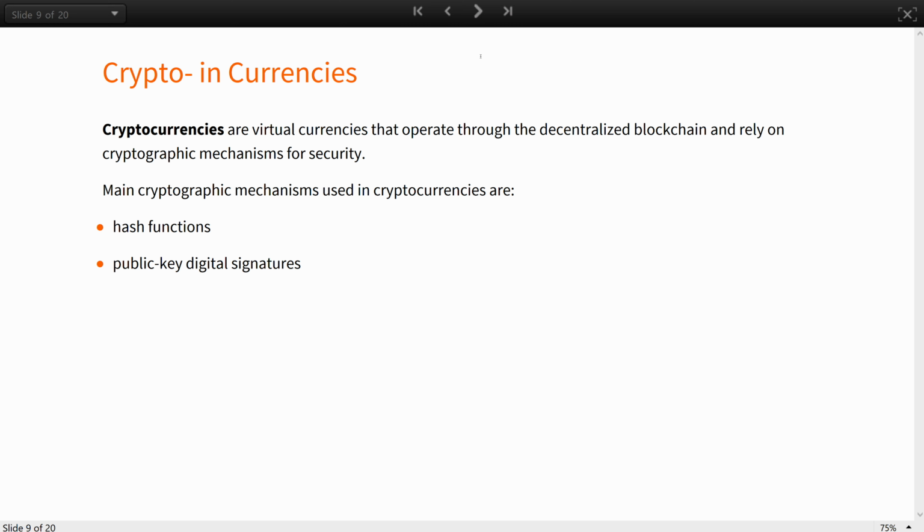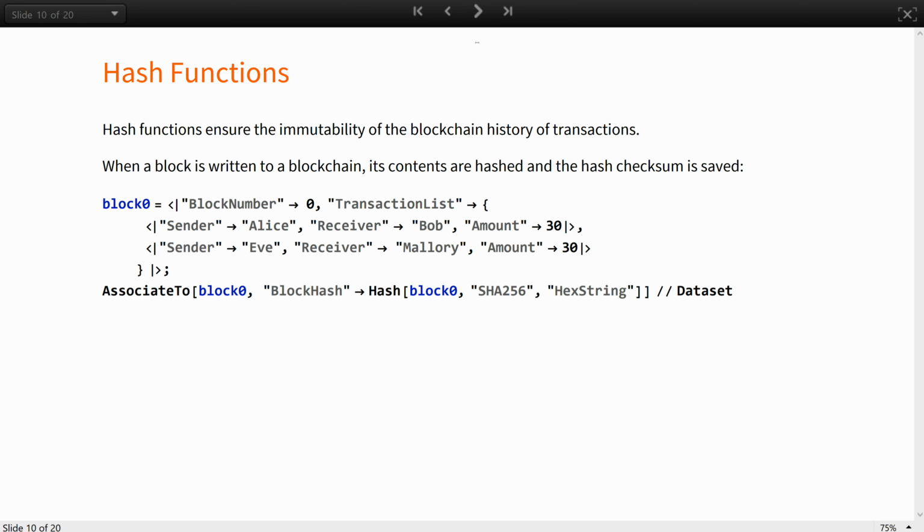The two main cryptographic mechanisms used in cryptocurrencies are hash functions and public key digital signatures. Hash functions serve as a guarantee of the immutability property of the blockchain history of transactions. As you already know, hash functions are used ubiquitously for providing data integrity in information systems, and they serve the same purpose in blockchains: to ensure the prevention and detection of the alteration of data, whether unintentional during transport or malicious.